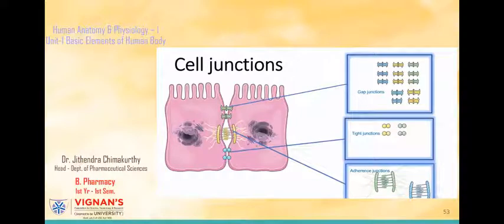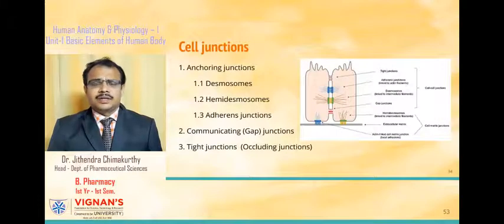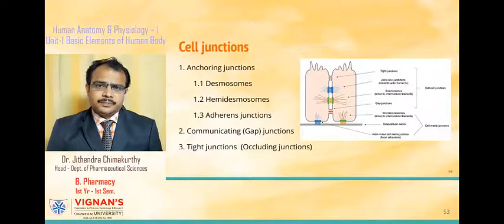Now there are tight junctions, which work like a sieve. They close the cell in such a way that even small molecules cannot pass. Now let's see them in detail.